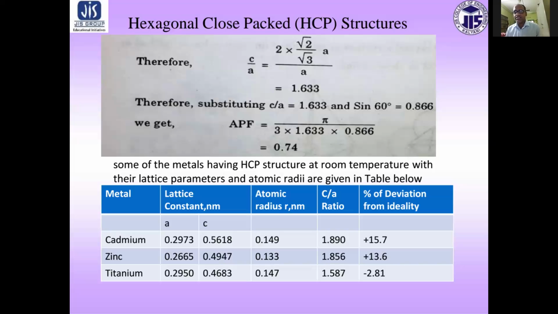In this case, the C by A ratio deviates in the negative direction for titanium, that is minus 2.81%. Apart from this, beryllium, zirconium, cobalt, magnesium and other elements or metals are found in hexagonal close-packed structure at room temperature.